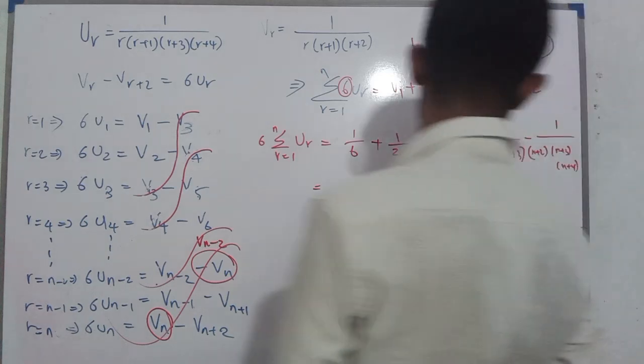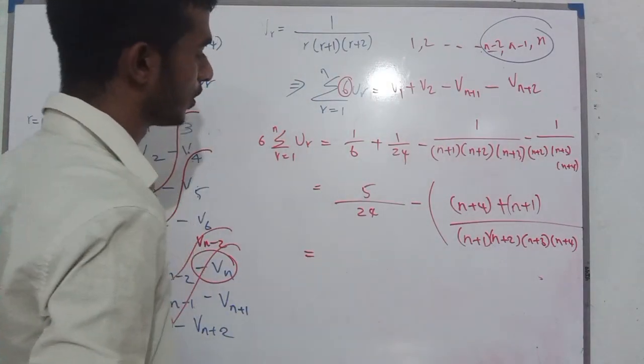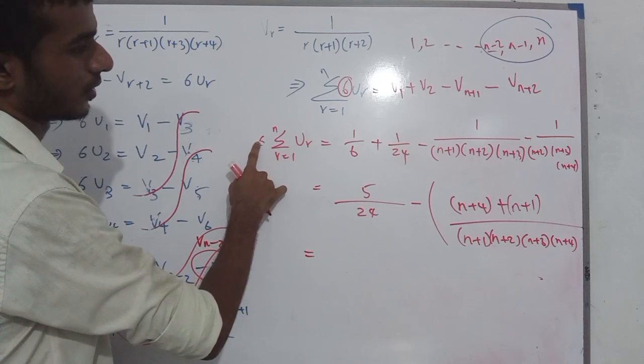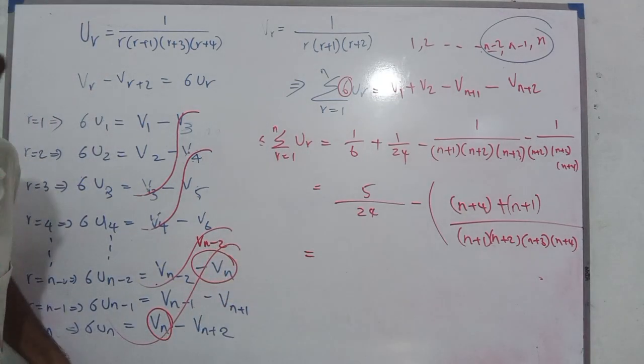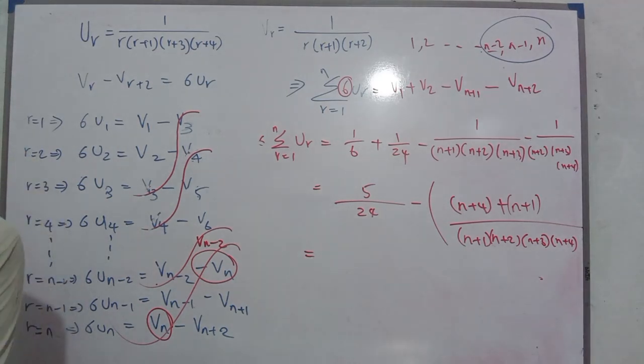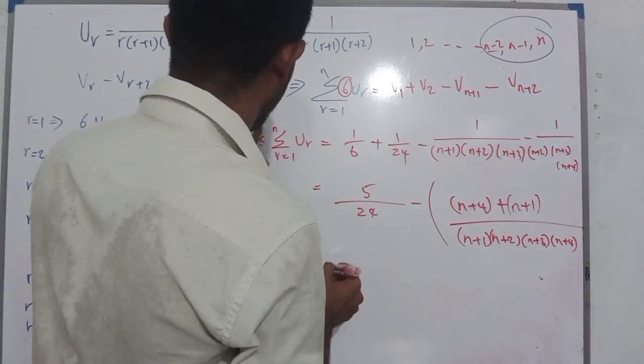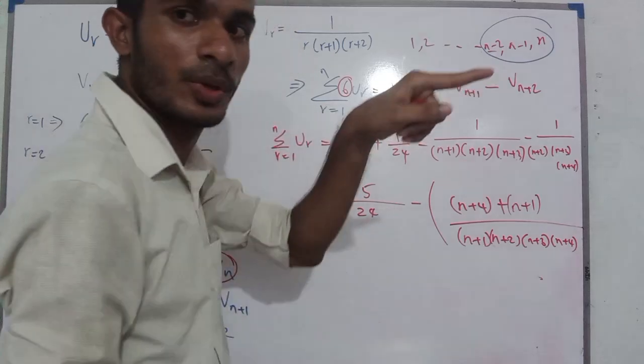So here this will be equal to, now I can take this 6 here also. Here you see, I can divide the entire equation by 6.